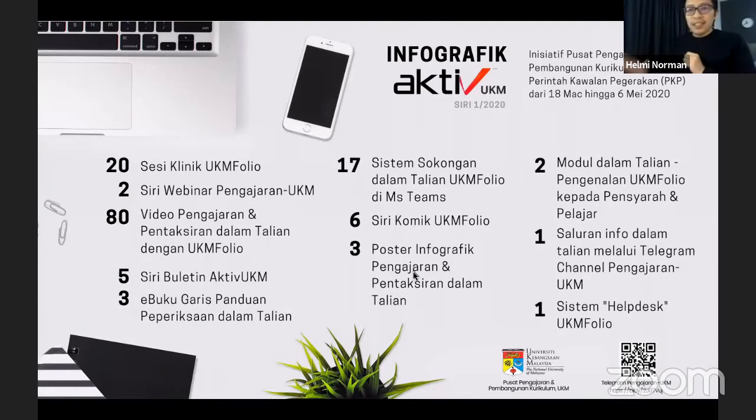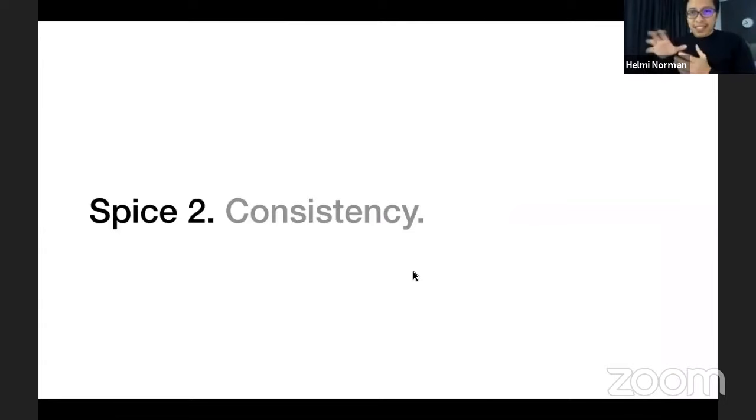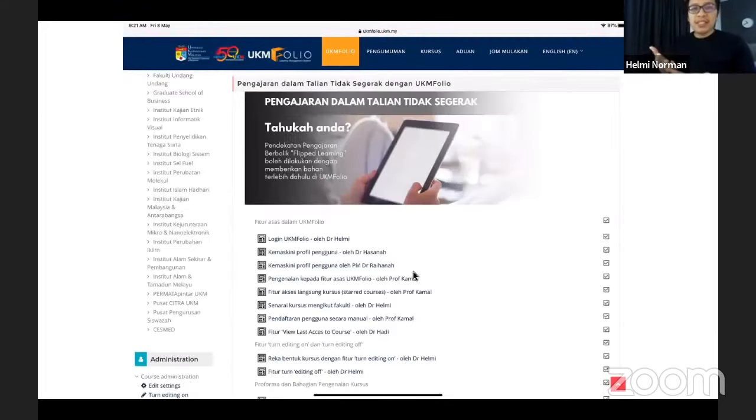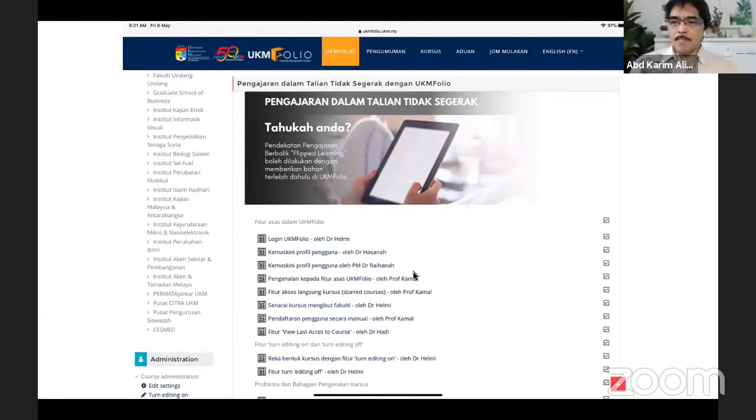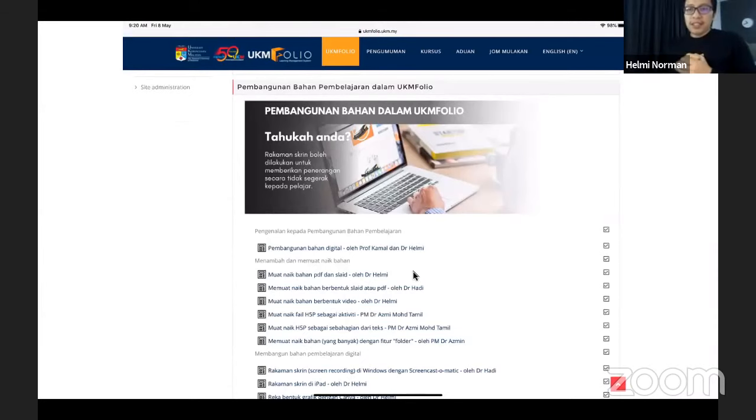clean, modern. And as the slides here, you can see that I just use white, black, and gray. So it's about consistency. And look at this, having this consistency. This is actually our new learning management system.